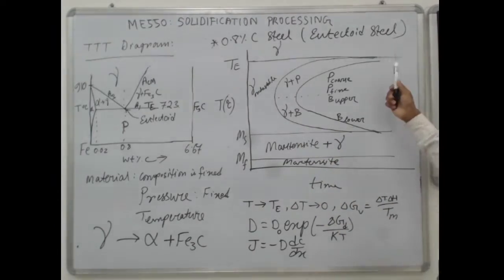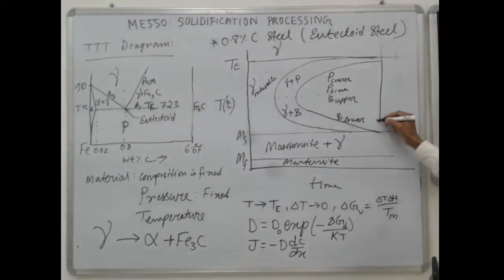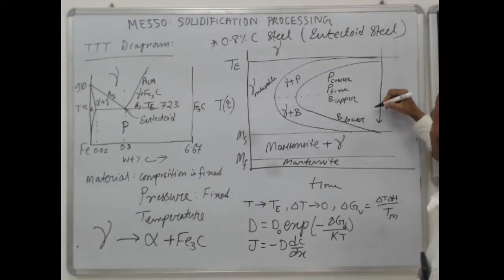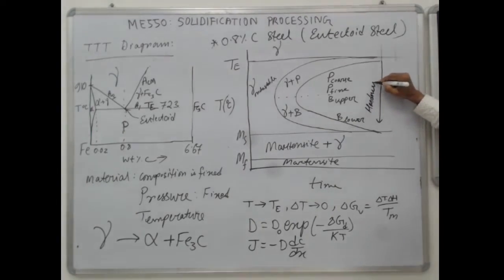So you can see as you go down, the fineness increases, the morphology also changes, and hardness increases. In this direction, hardness increases.